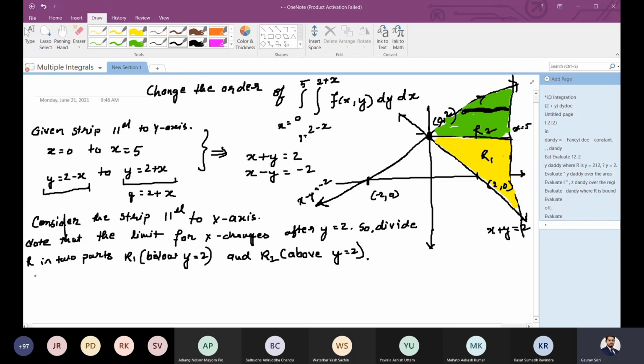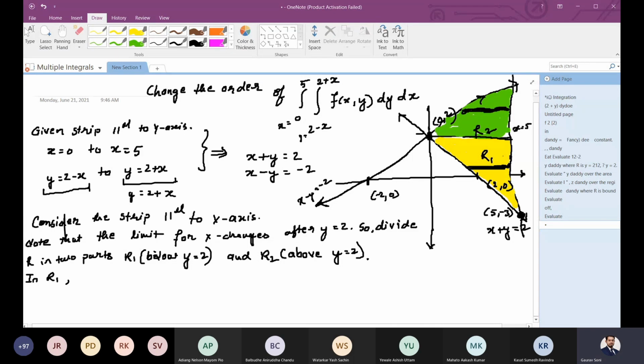So in R1, what do we see? We'll have a horizontal strip parallel to x-axis. So for the strip parallel to x-axis, there will be an intersection with x equal to 5. So 5, comma, the value of y has to be minus 3.